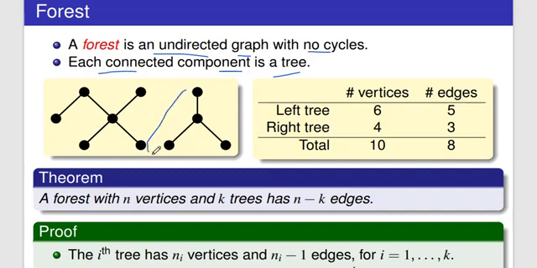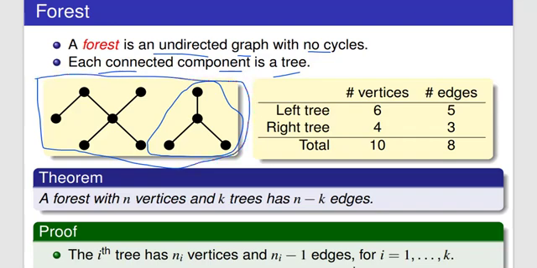If each component is a tree and we combine all the trees, then it becomes a forest. Like this, here we have 2 trees and we have combined them, it's called a forest.